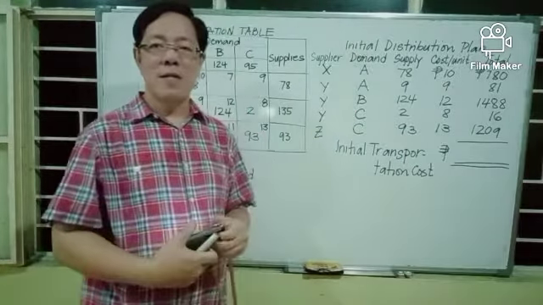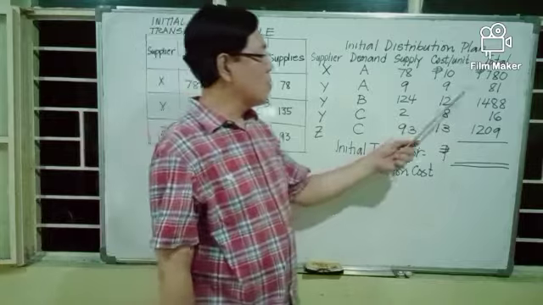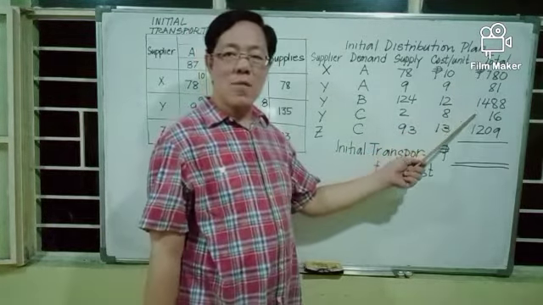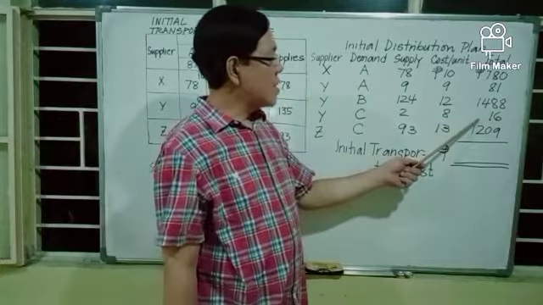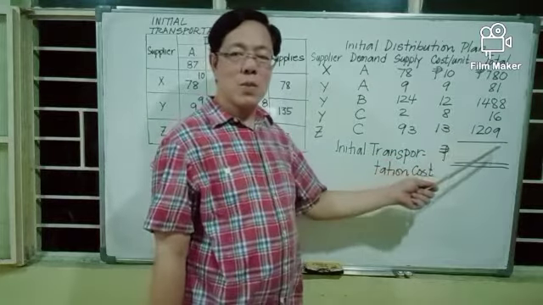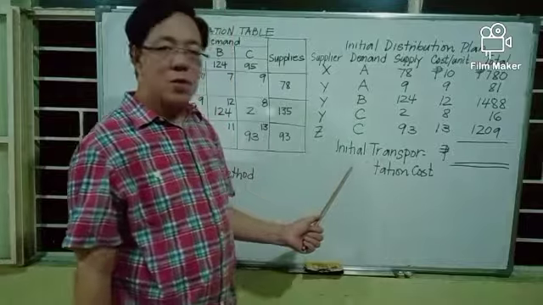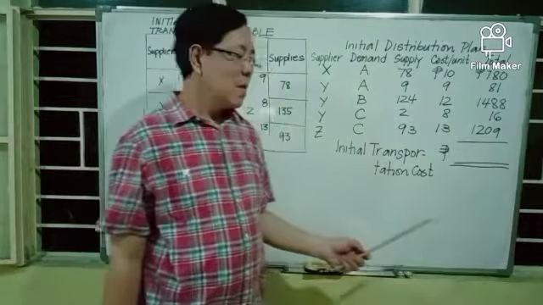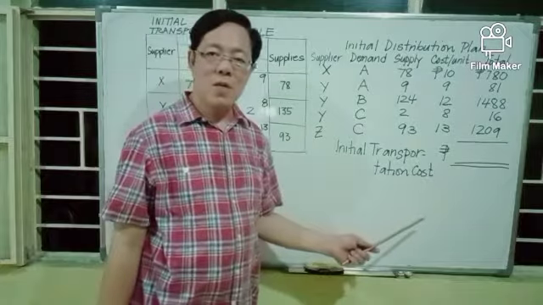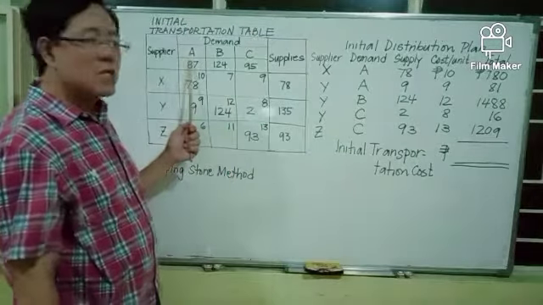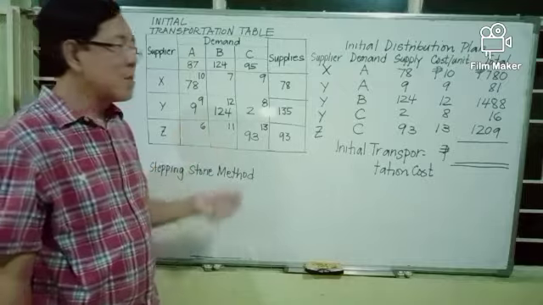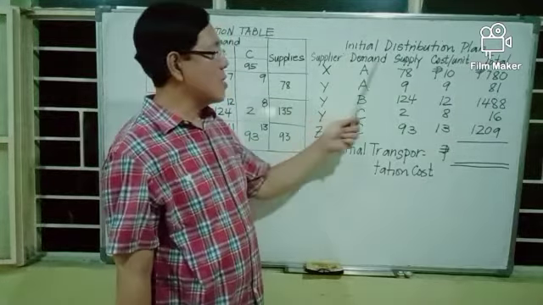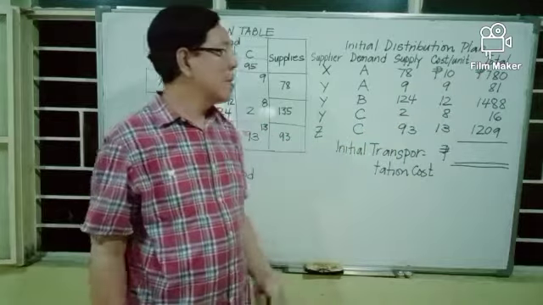Now you add the entries in the last column: 780 plus 81 plus 1,488 plus 16 plus 1,209. And the total is your initial transportation cost. It is the transportation cost corresponding to the initial transportation table, and it's the transportation cost for the initial distribution plan.